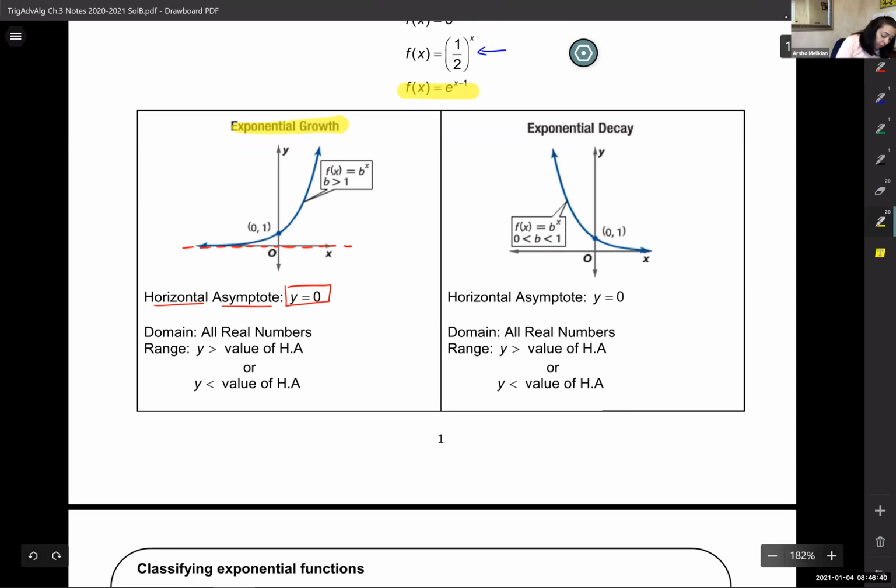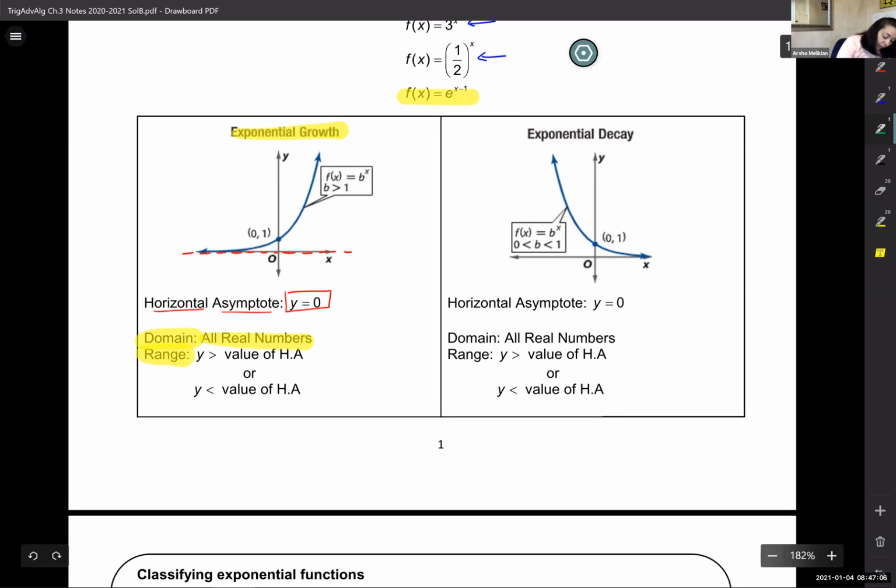Domain. The domain for all exponential functions is all real numbers. So it exists throughout your x-axis. And now the range. The range is very, very important here as well. Your range looks like this. It always looks like y is greater than or less than something.